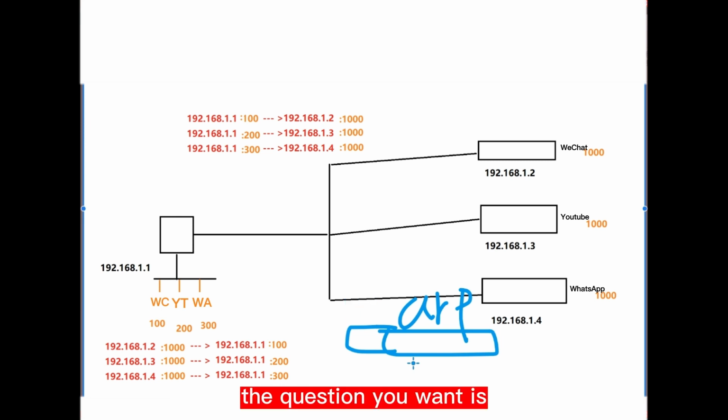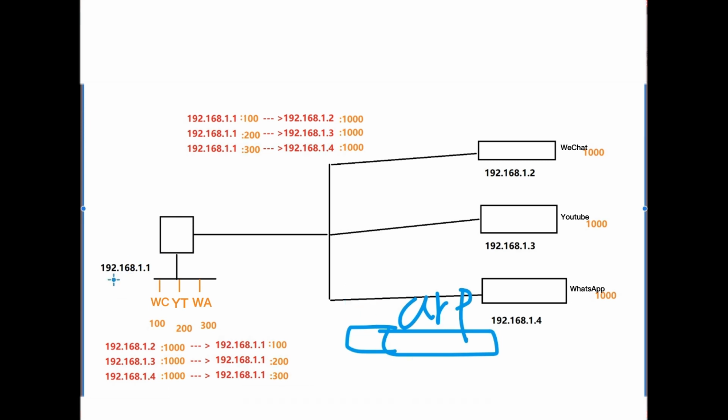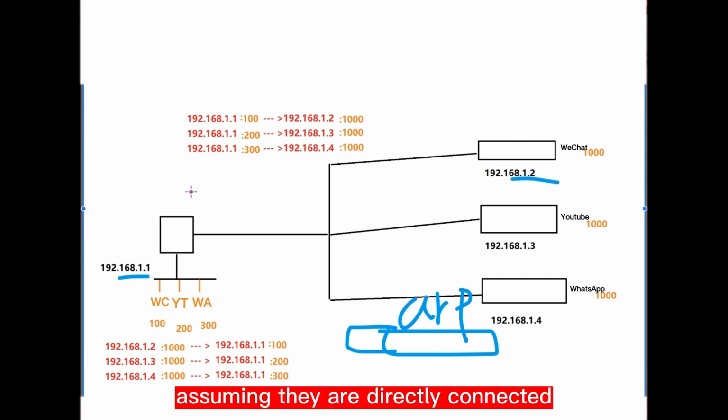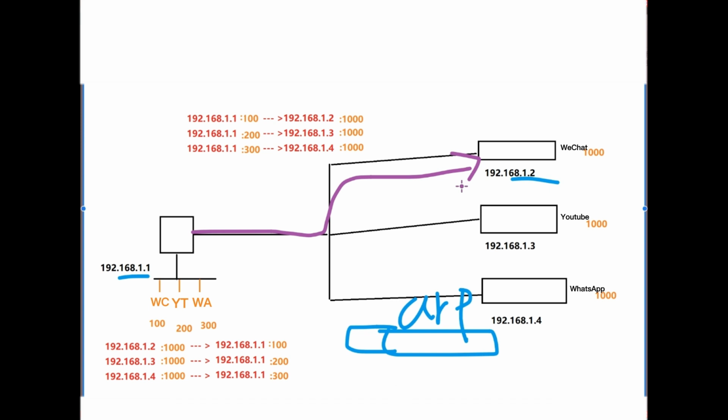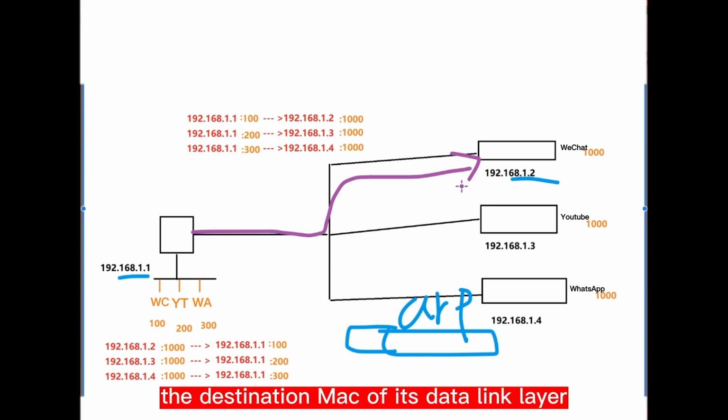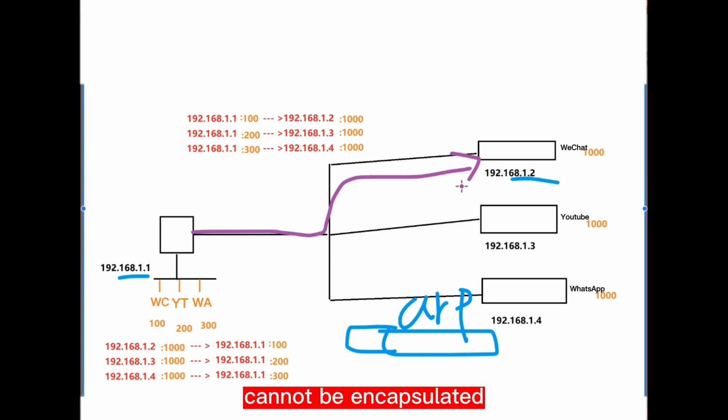Actually, the question is, the device now wants to send data to the peer. It is 1.1, and the peer is 1.2. Assuming they are directly connected in the same network segment, the device is now going to send data to it. Because the device does not know the MAC address of the peer, the destination MAC of its data link layer cannot be encapsulated.